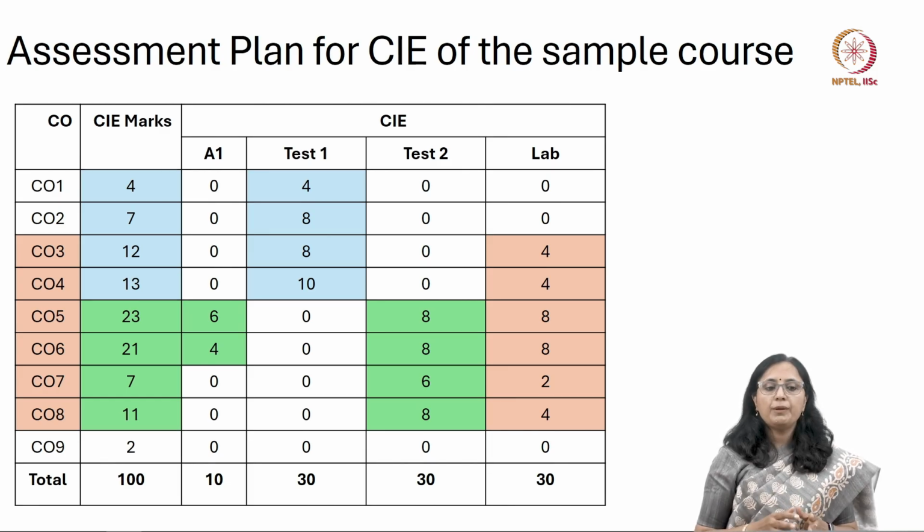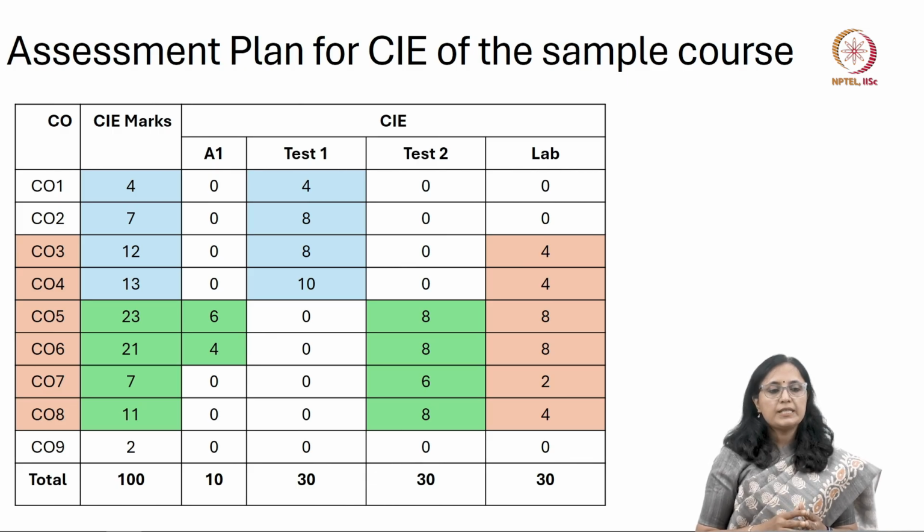Similarly, we might also decide that as far as CO5, CO6, CO7 and CO8 are concerned, we might choose to give a combination of a take-home assignment, a class test, and also some lab component. We understand that the cells colored in orange have the lab component.